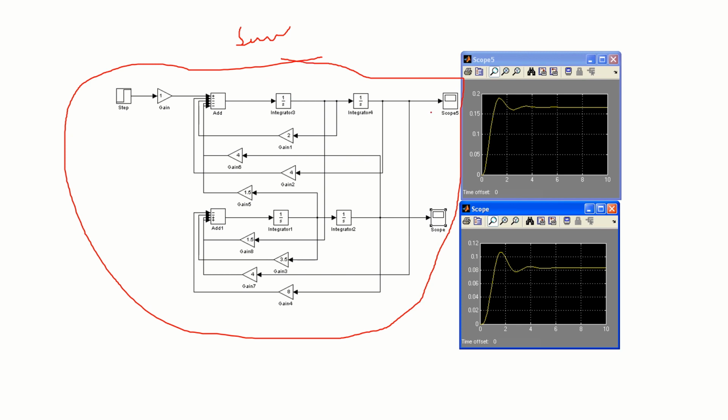Correct. Then you can study the displacement of mass M1 and the displacement of mass M2. Right? So that way, even if it is a very complex system, it is possible to create such a model and we can study its response for a given stimulus.